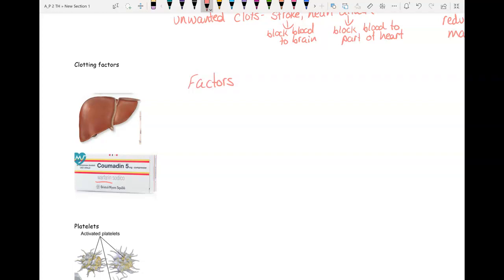Those are the proteins in your blood that activate the thrombin, which then activates the fibrin. And remember that factors are made by your liver. Well, in order to make factors, your liver uses vitamin K.